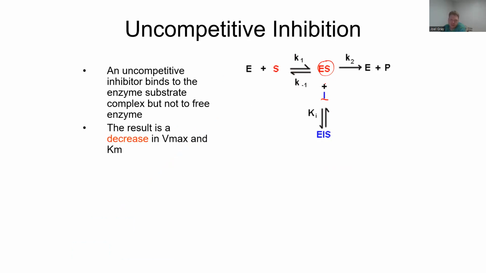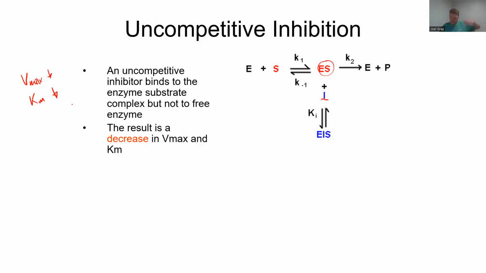So what this leads to is your Vmax goes down, and your Km goes down. The interesting thing about the Km going down is that it basically argues that your enzyme has a little bit more affinity for the substrate. That's one thing that's worth noting.